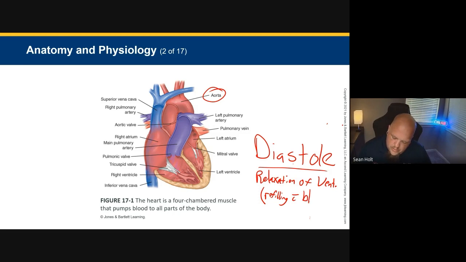Okay. So if you can see me, remember, here's our ventricles contracting. Okay. They contract. I'm going to slow it down. Contract, that's systole. And then it closes the aortic valve because the aorta is under a higher amount of pressure than the ventricles once they start to relax. So they pump, then they start to relax, refill with blood.